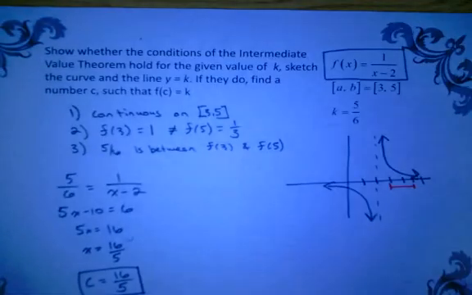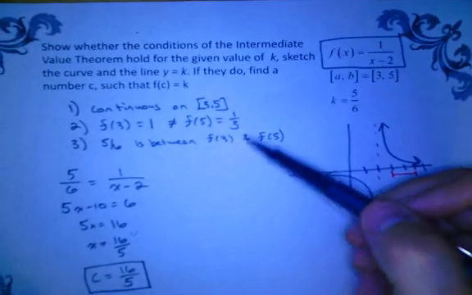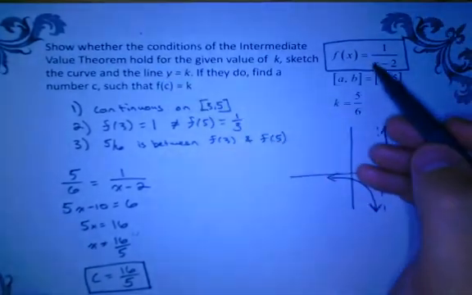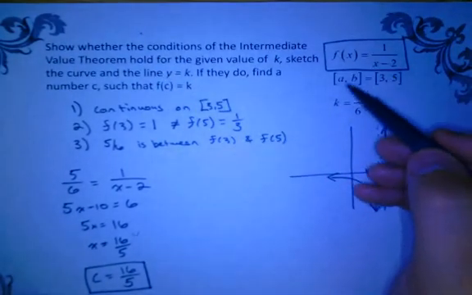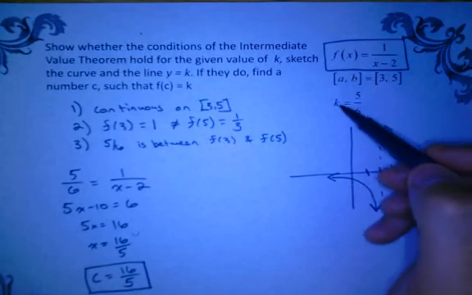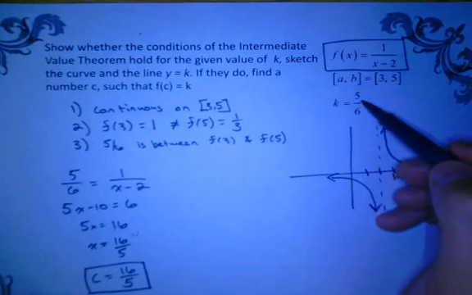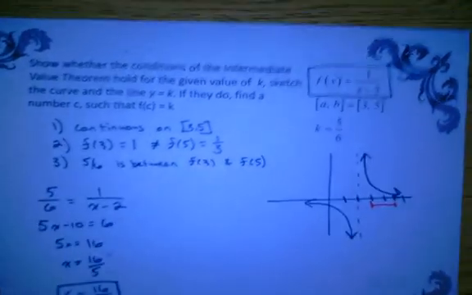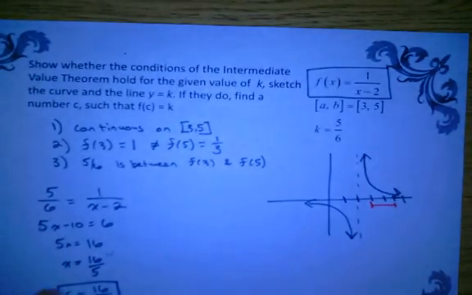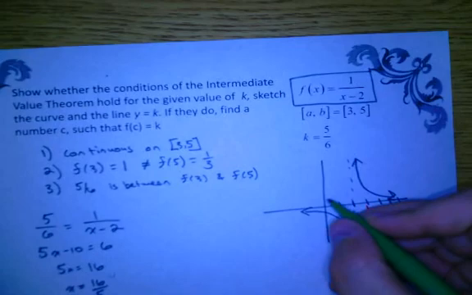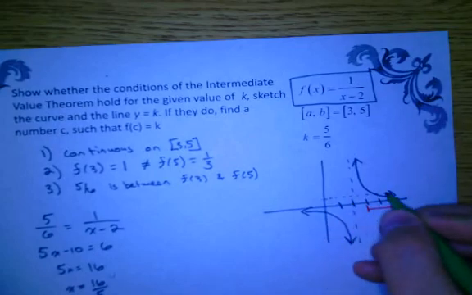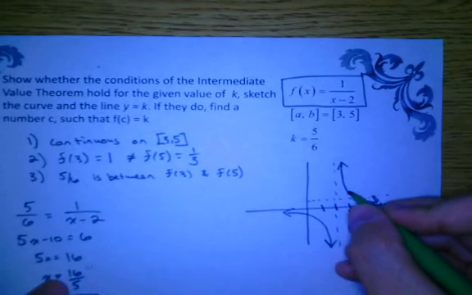And there we go. So just a real quick recap. Given a function, given this interval, it has to equal some type of k value at 5/6. So if I were to draw that, 5/6 would be somewhere along the lines of here.